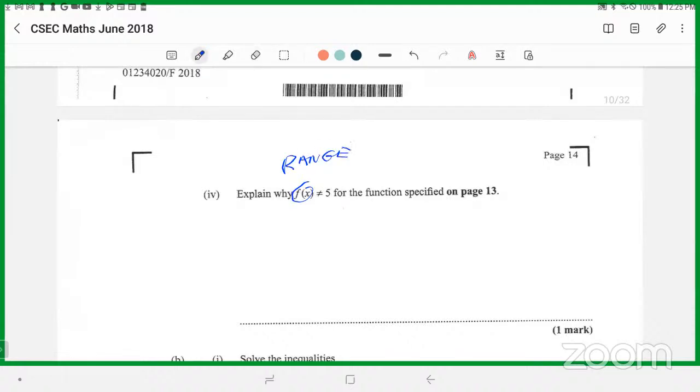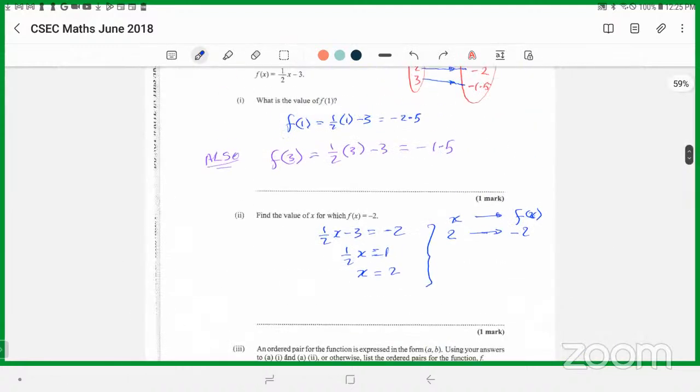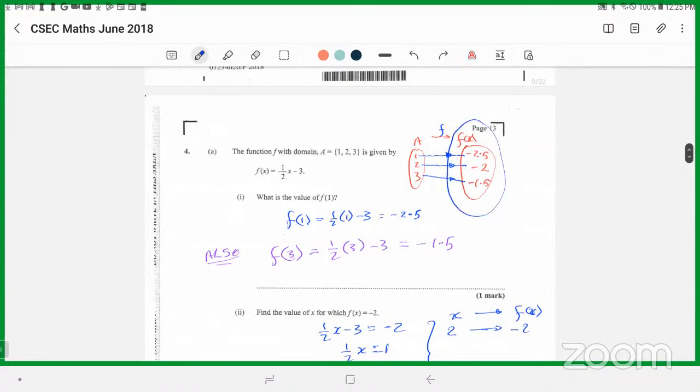Explain why f of x cannot be equal to 5. There's 1 mark for it. Easy. We've got the mapping diagram. Anybody want to tell me why f of x cannot be equal to 5?